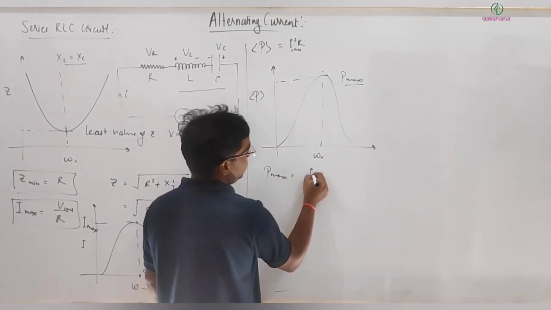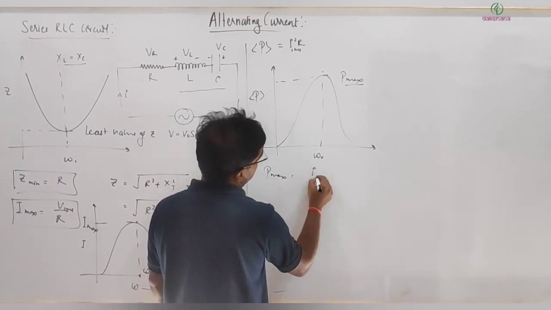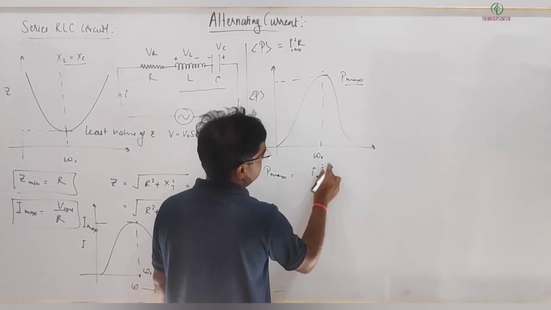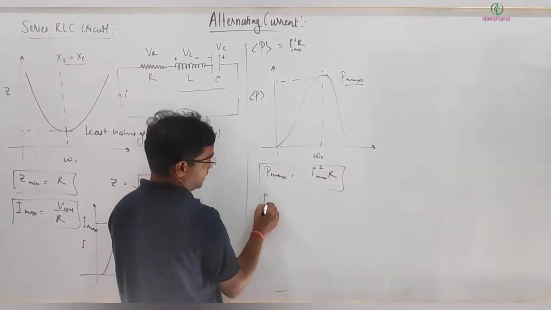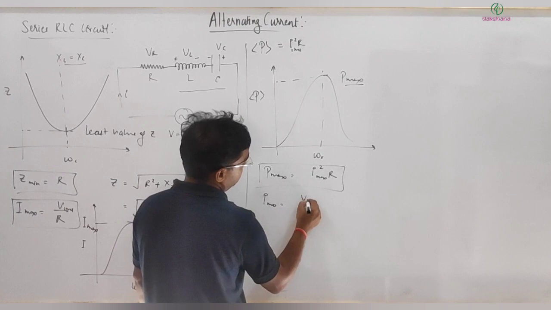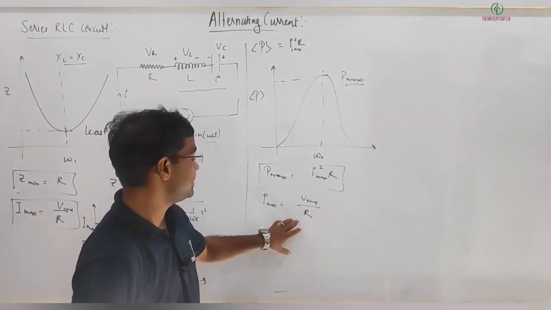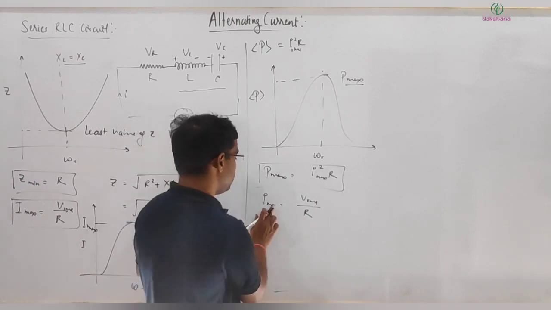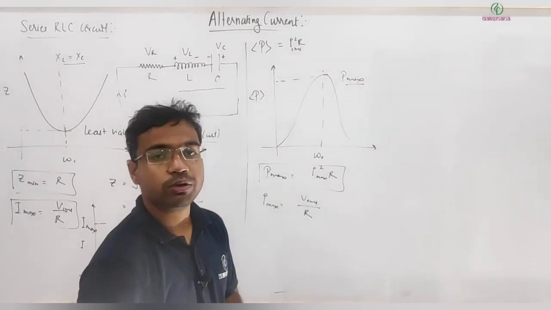P max is I RMS square into R, or you can write I max square multiplied by R. And what is I max? I max is equal to V RMS divided by R, not Z. Understood? Because I max is equal to V over Z, but Z at maximum is equal to R.